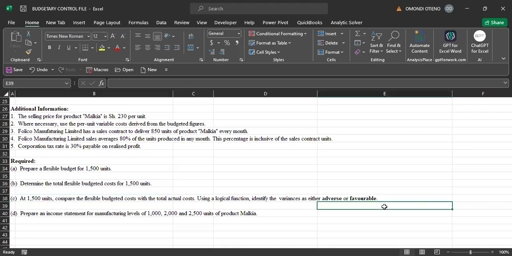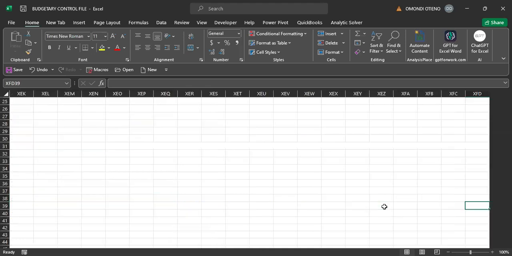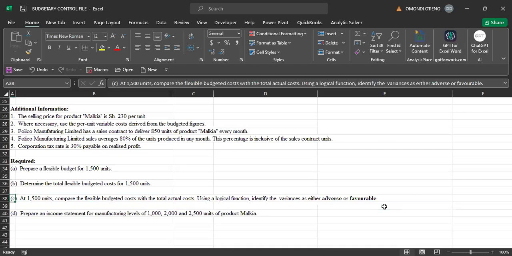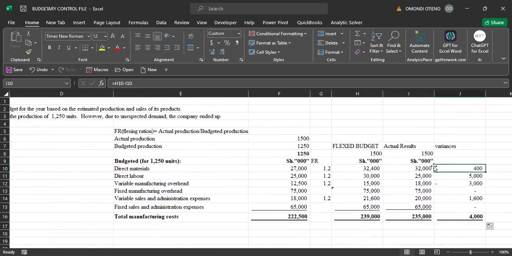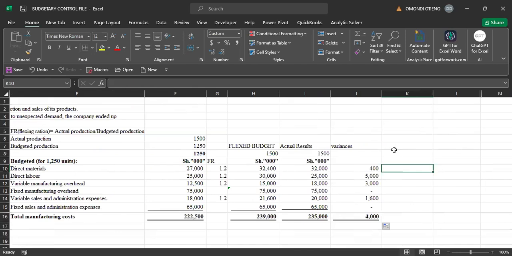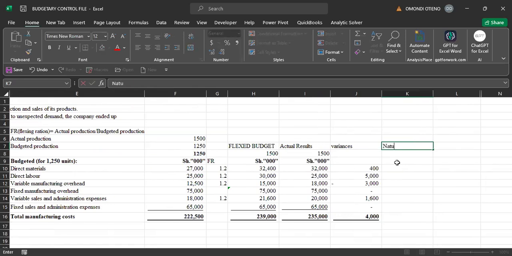So they are now telling us that those ninjas who joined Advanced Excel should be able to handle this particular section. So we want to comment on the nature of variances, right?